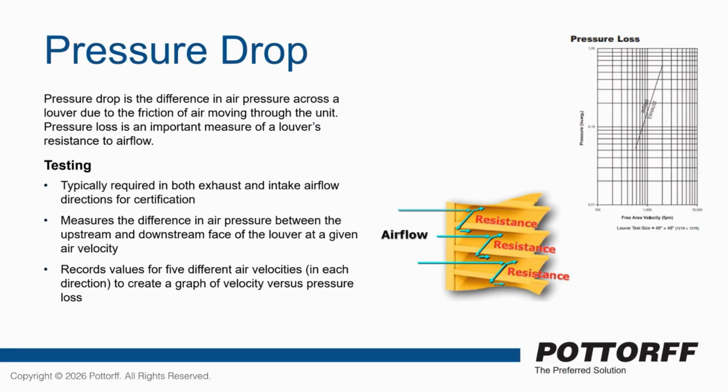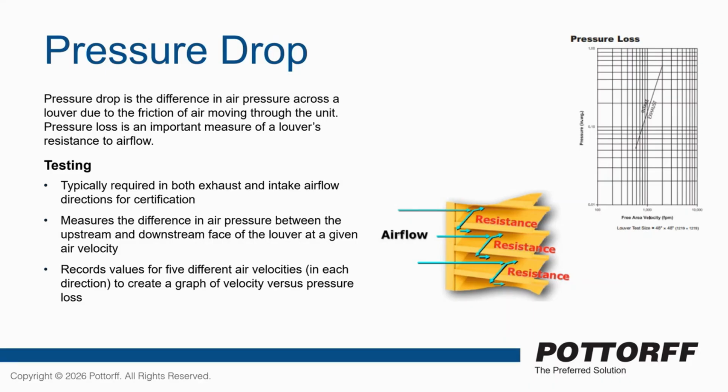I'm going to come back to that slide in just a second, but I want to hit on pressure drop since we just touched on this. Pressure drop is the next step past free area, and I will say that pressure drop is probably not talked about enough when specifying a louver for a building spec. It is an extremely important component of a louver. Up till now, we've really been talking about keeping water out.